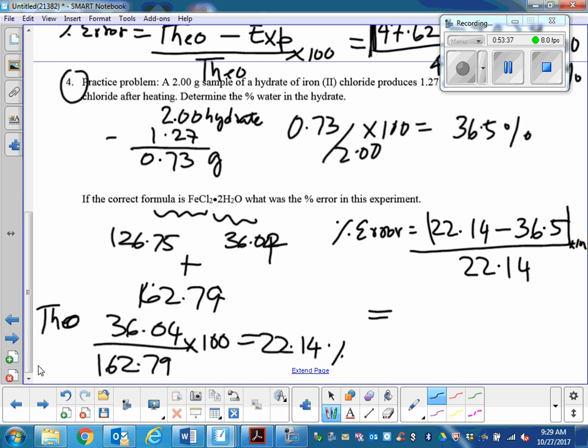Is it 36.5 or 05? 36.5. So you subtract 36.5. What is the answer, Cody? No negative. Remember, it's the absolute value. 64.86%. Does it make sense? Are there questions?